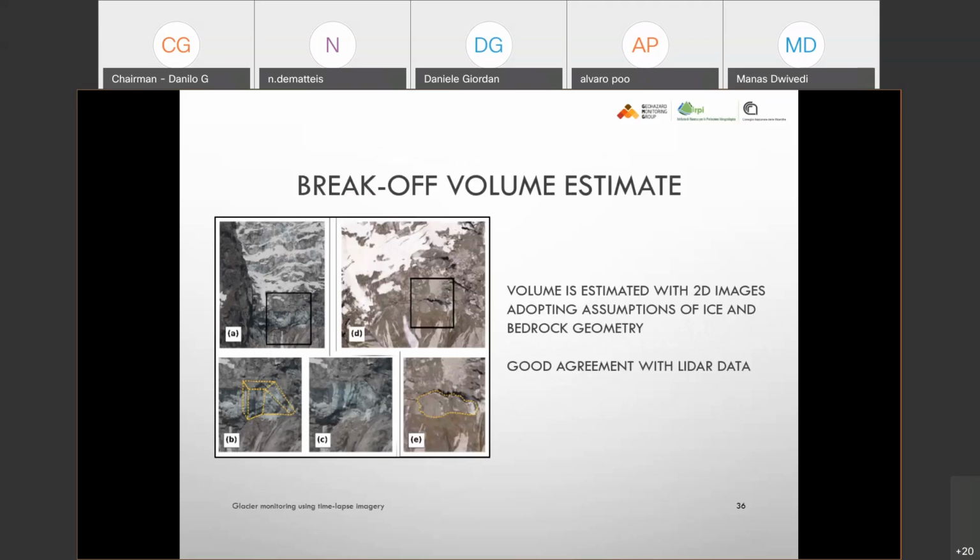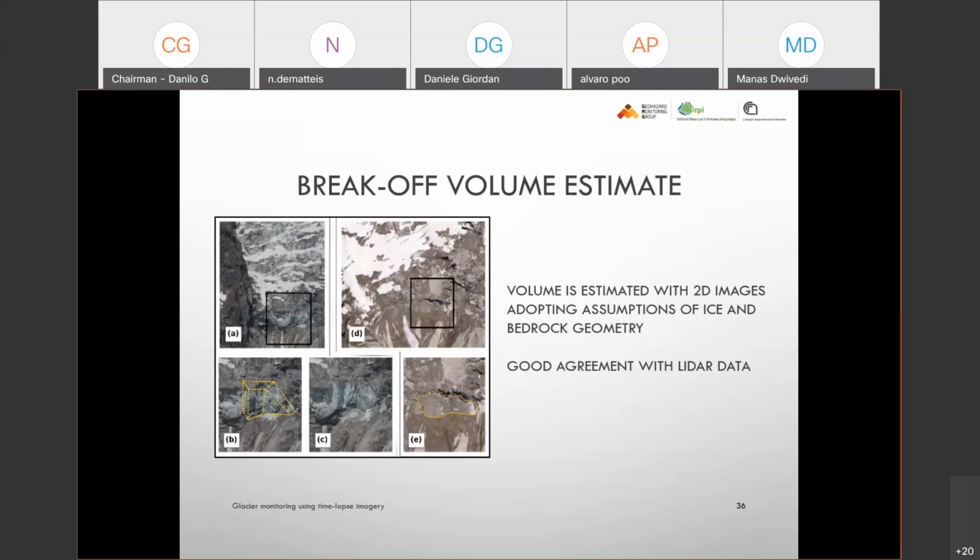How is it possible to estimate the volume of a break-off using two-dimensional images such as the pictures? It is not simple, but during years of experience, we were able to define a series of assumptions about the geometry of the bedrock and of the ice, and we compared the results of the volume estimation using these assumptions with the LiDAR data, which are three-dimensional data, used as reference, and we found a good agreement.